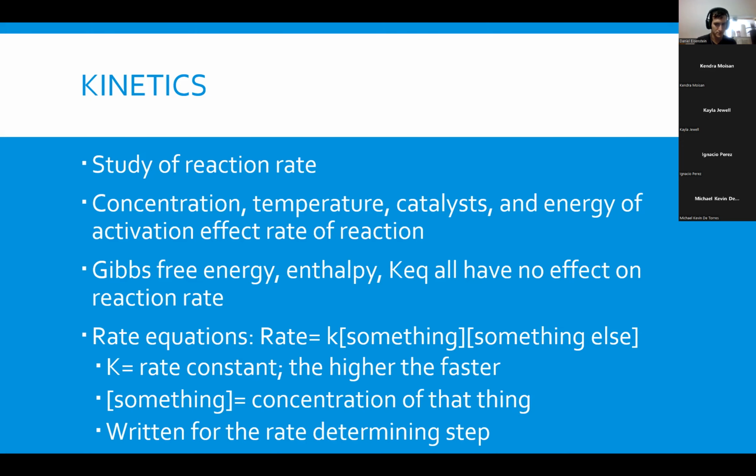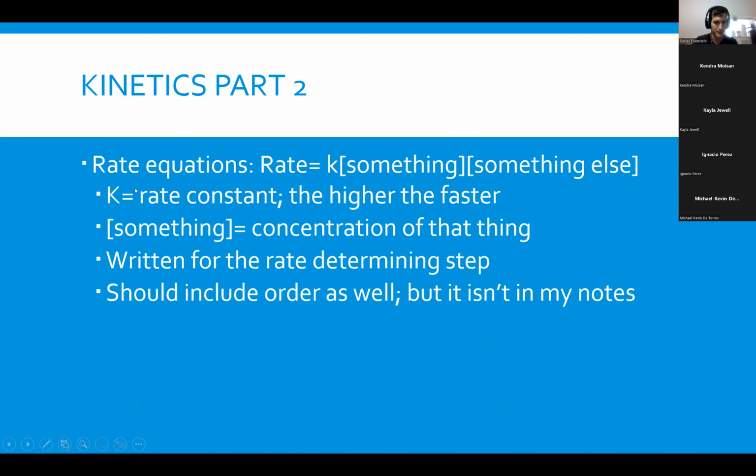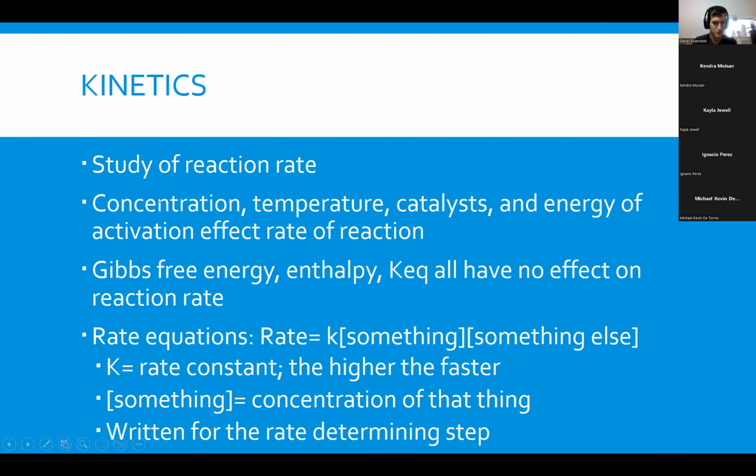Which of the following does not affect the rate constant? Do you mind repeating the answer choices one more time? They are written right here: concentration, temperature, catalysts, energy of activation.